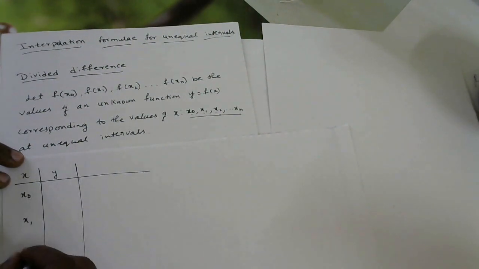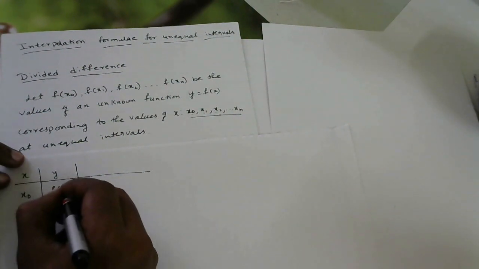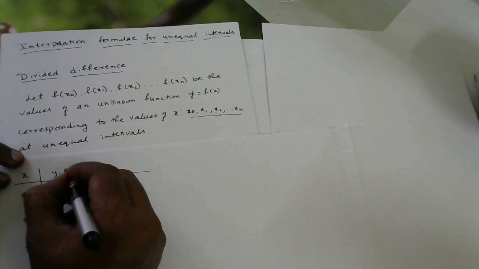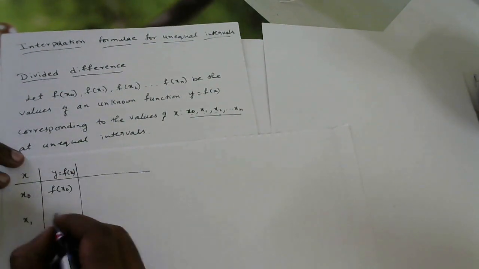So here x0, x1, x2, x3, and I will call y equal to f of x, so f of x0, f of x1, f of x2, f of x3.